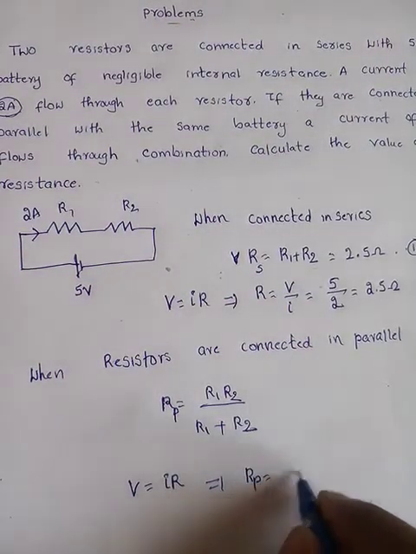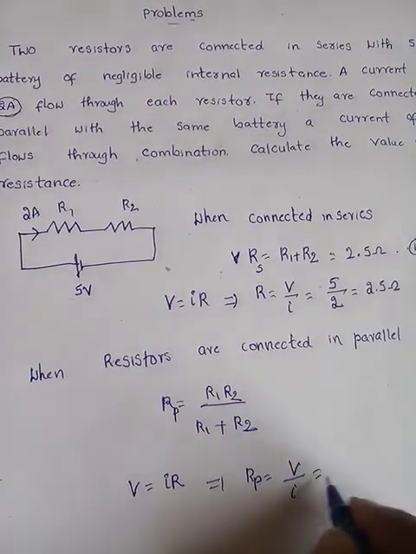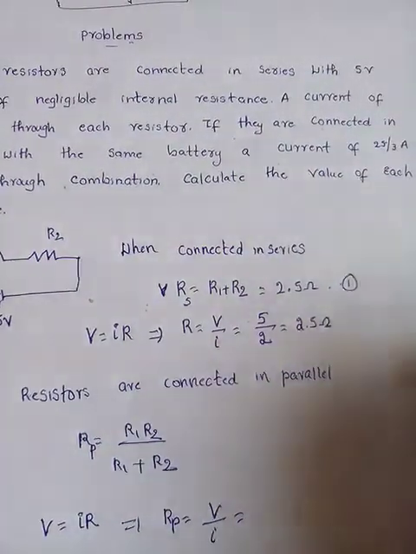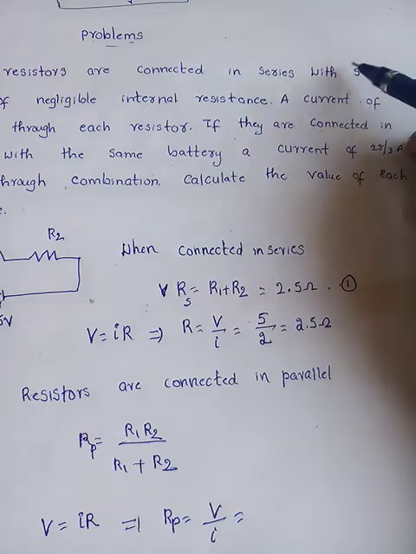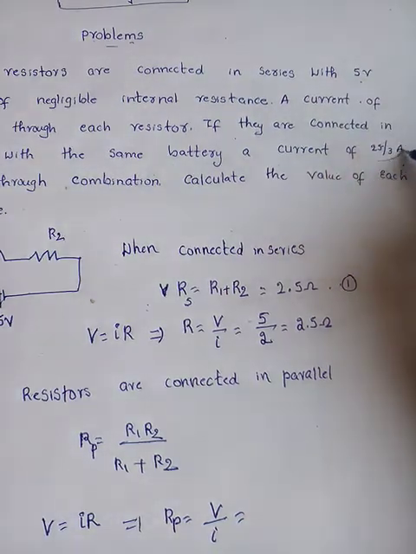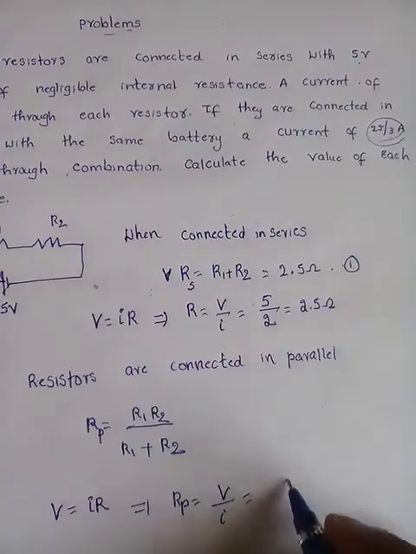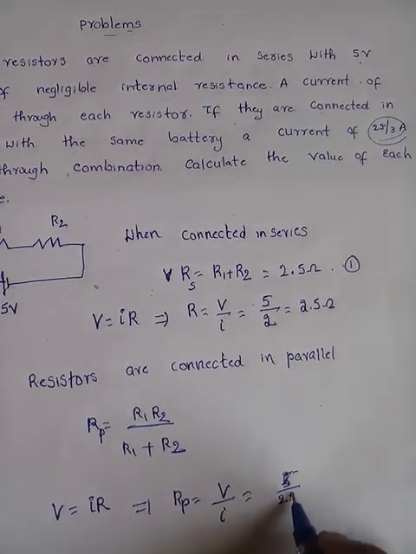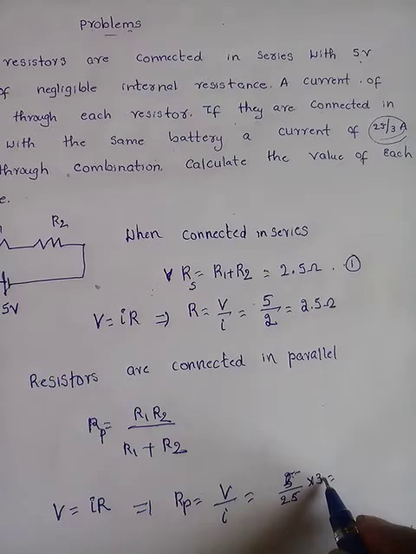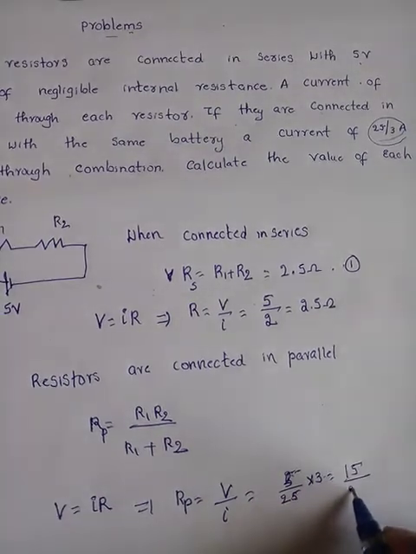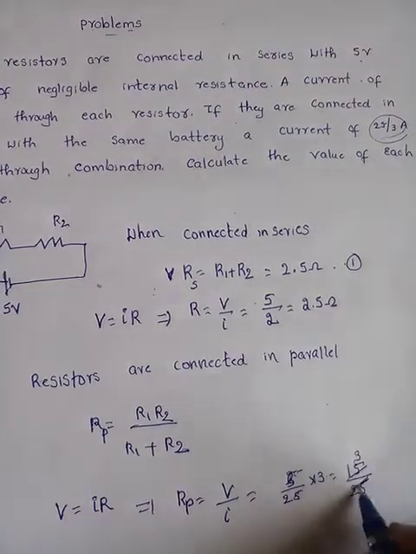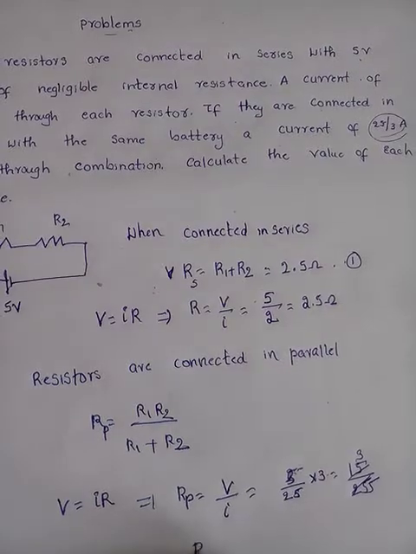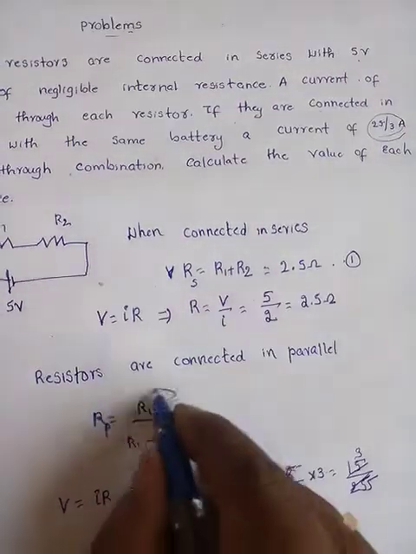Rp equals V by I. So according to the question, the voltage applied is 5 volts and the current flowing through the circuit is 25/3 amperes. Substituting these values, 5 by 25/3, so 5 times 3 is 15 by 25, which is 3 by 5.